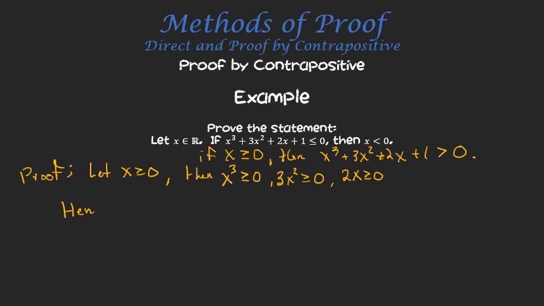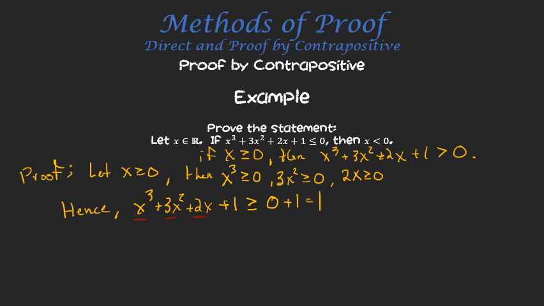And now if I put them together, hence x cubed plus 3x squared plus 2x plus 1, I can say that this is greater than or equal to, since I know each of these three things is greater than or equal to 0, I can replace those with 0 and know that the left side is greater than or equal to the right side. So this is greater than or equal to 0 plus 1, or just 1.